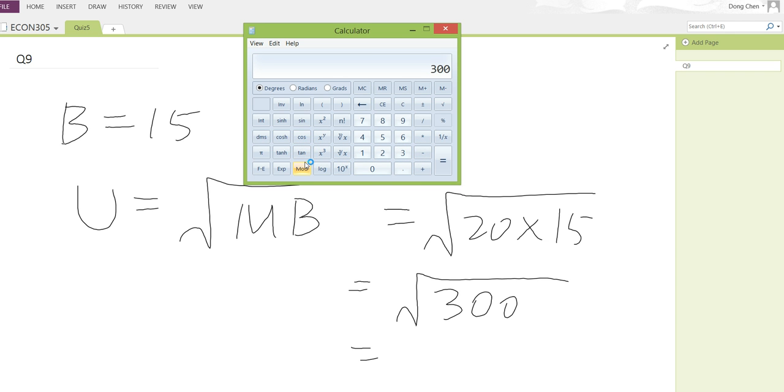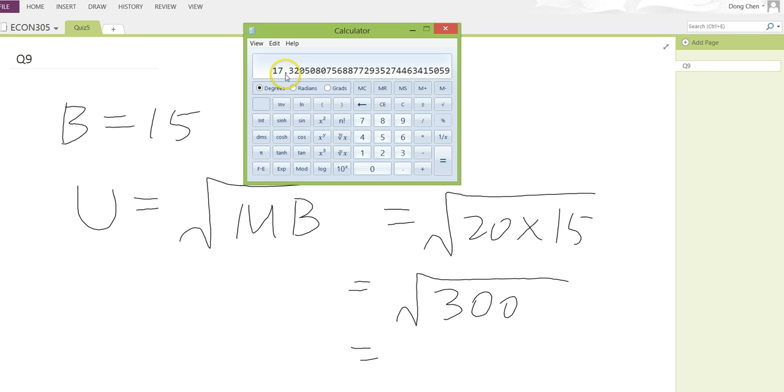I don't think I have the square root sign specifically for this scientific calculator, but what I can use is the root of that. Square root of 300. So I just take this y square root of x and make y to be 2, and then that's square root of x.